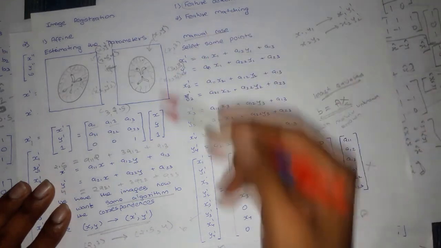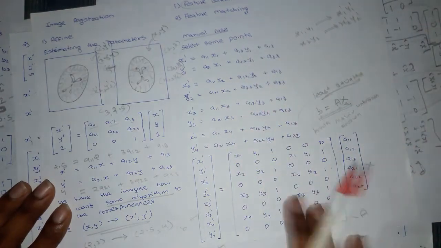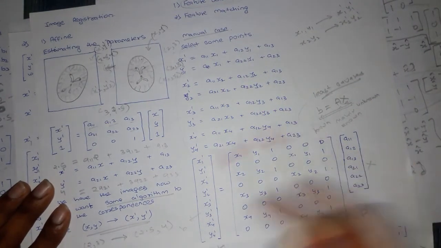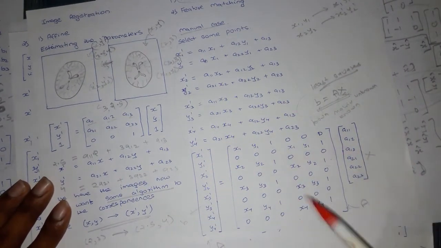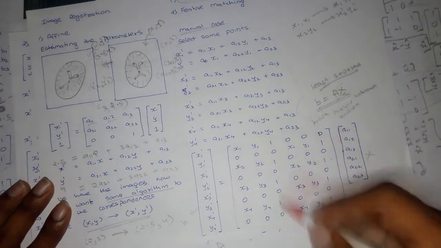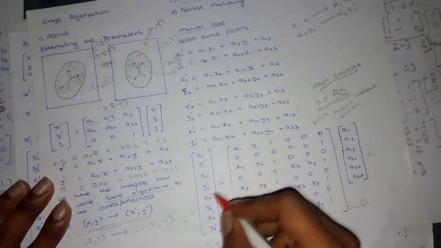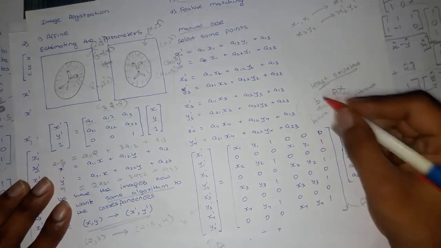It is just that we have all these equations over here, and we converted them to the matrix form. This is the matrix form that it looks like. This has now been converted into the form b = Ax.